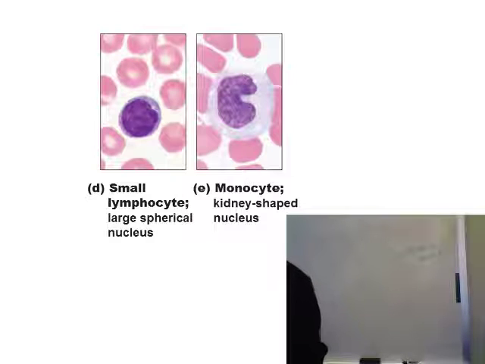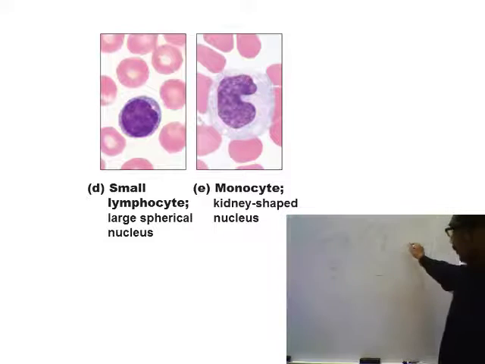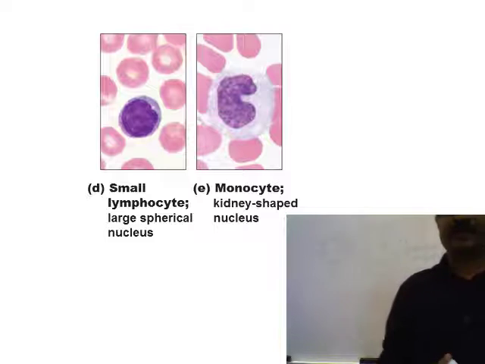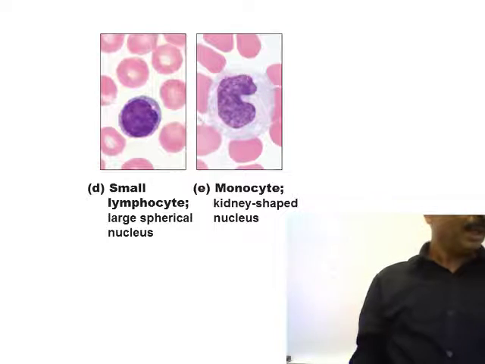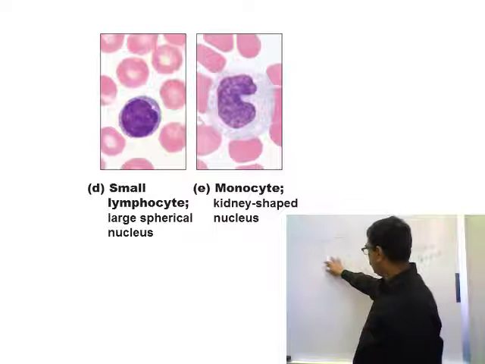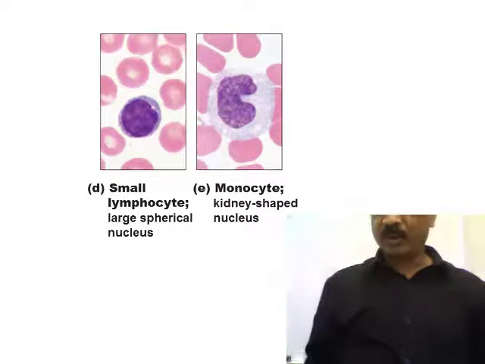If you cannot see, then you won't imagine how it looks like. So horseshoe or bean or kidney shaped nucleus. Monocytes are very large white blood cells. Neither lymphocyte or monocyte has granules. That's why they are agranulocytes.